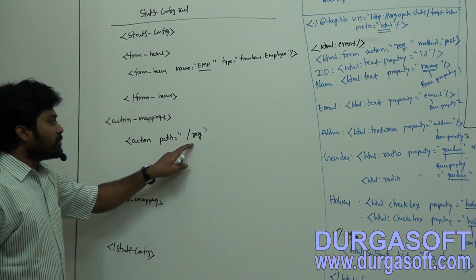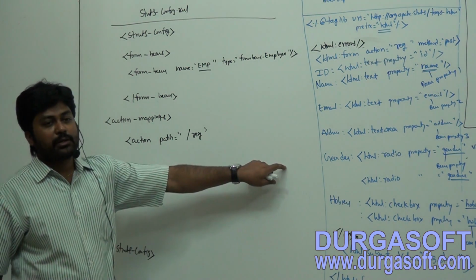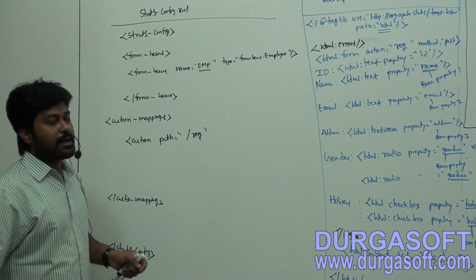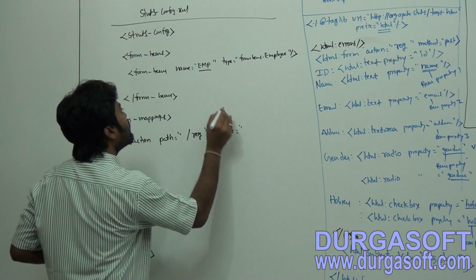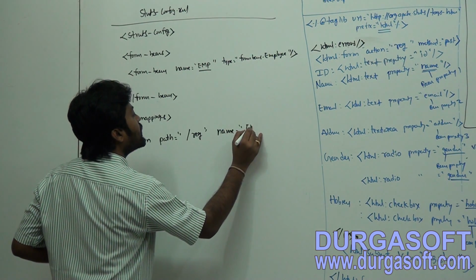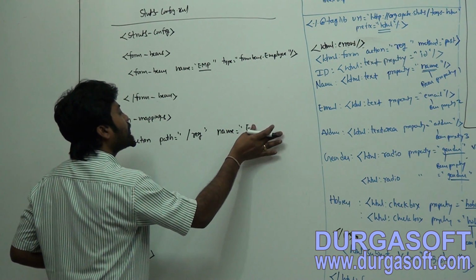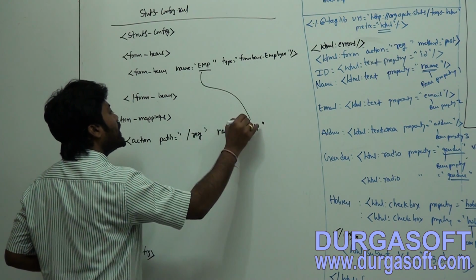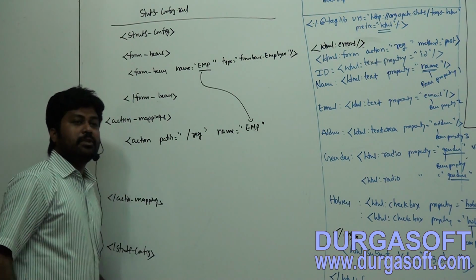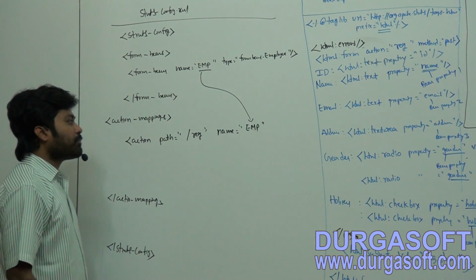Whenever the request is from this /registration, I need to map to my bean class. So that bean class reference name you should configure here. My bean reference name is emp. I just want to populate this same bean. That emp reference you have to pass here.